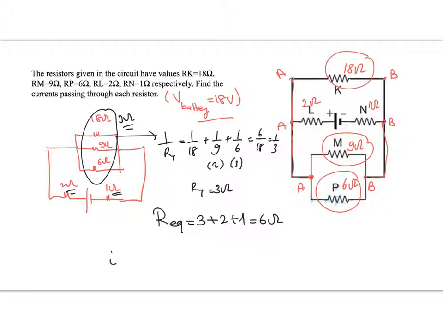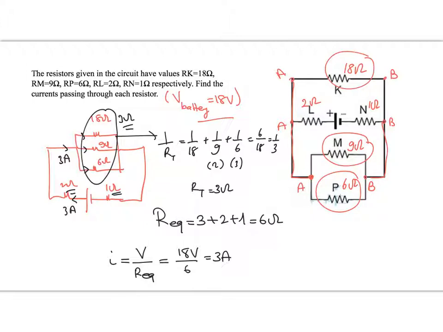So the current taken from the battery will be equal to the total potential over total resistance, which is equal to 18 volt over 6, 3 ampere. So 3 ampere pass from 2 ohm, it comes here, so it will be divided into 3.